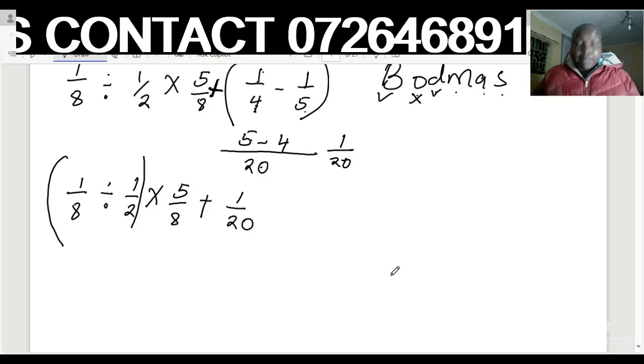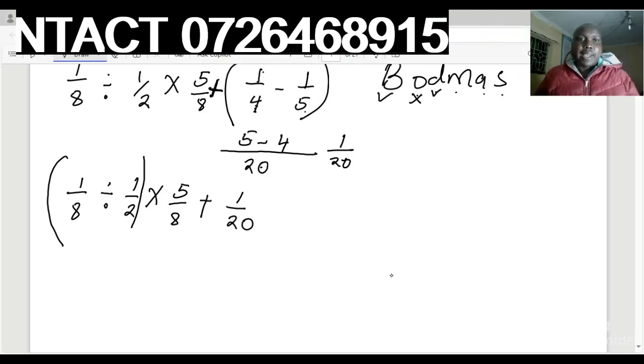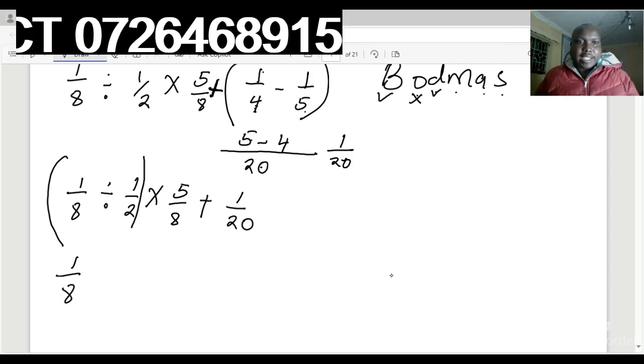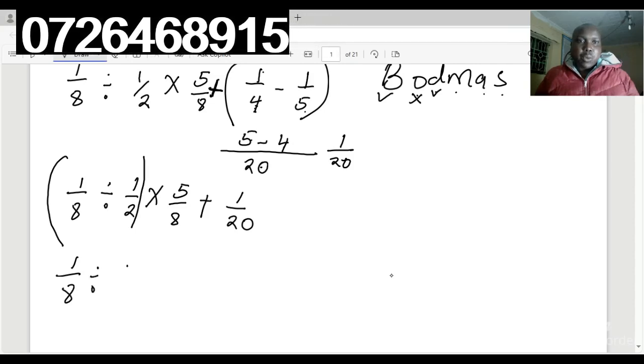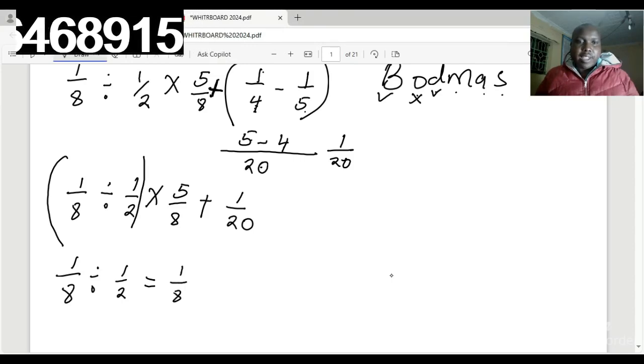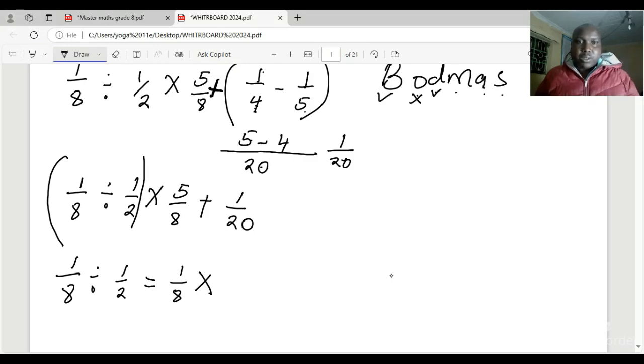So in fractions, when you divide, it is the same as you multiply by the reciprocal of the second, like this. So 1/8 divided by 1/2 is equal to 1/8 times, you reciprocate, you change this one. Denominator comes up and the numerator comes down, times 2/1.